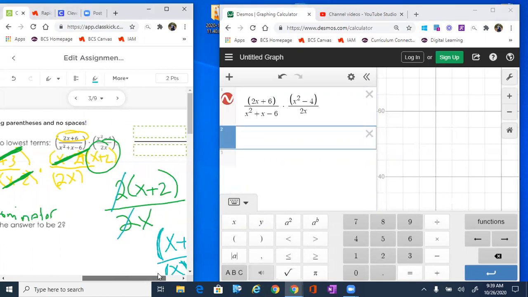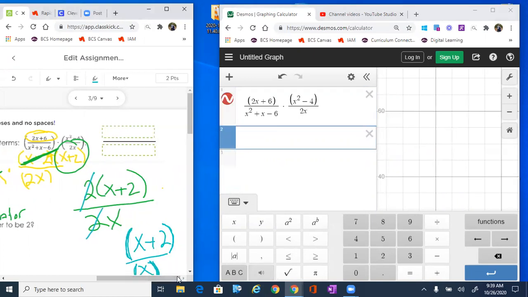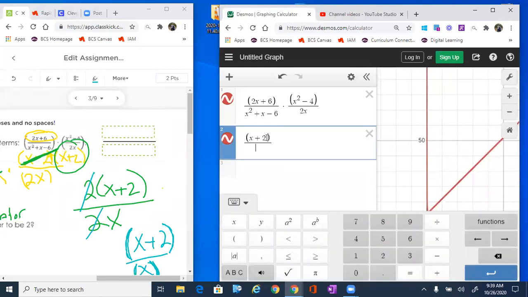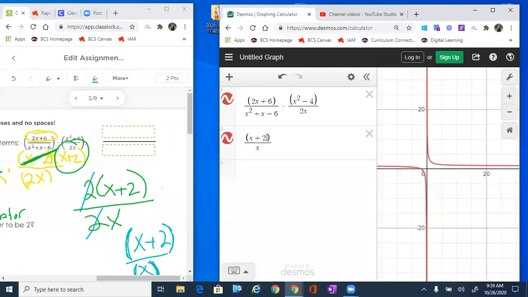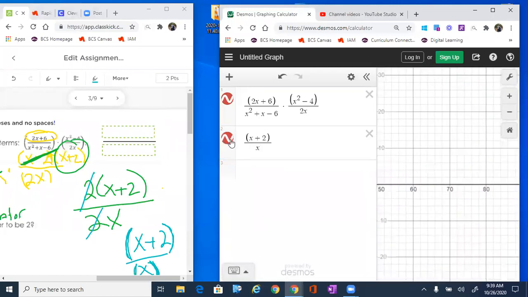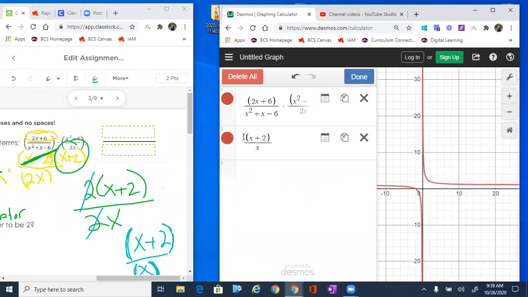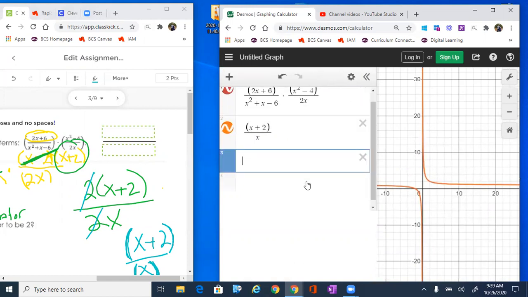Now, I'm just going to take my answer, x + 2 divided by x. Let's look at what we've got here. You'll notice that the colors are exactly the same. So I'm going to change the colors just to verify this and make it make a little more sense.